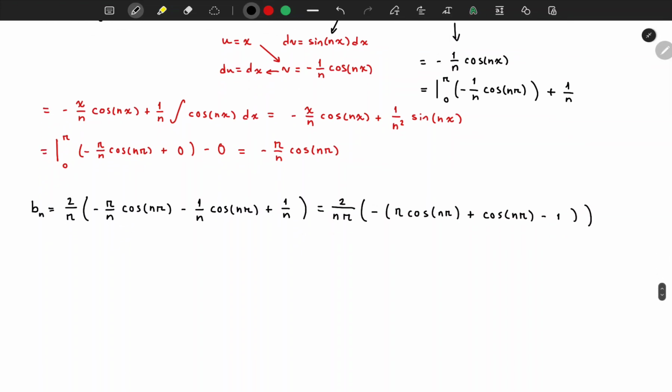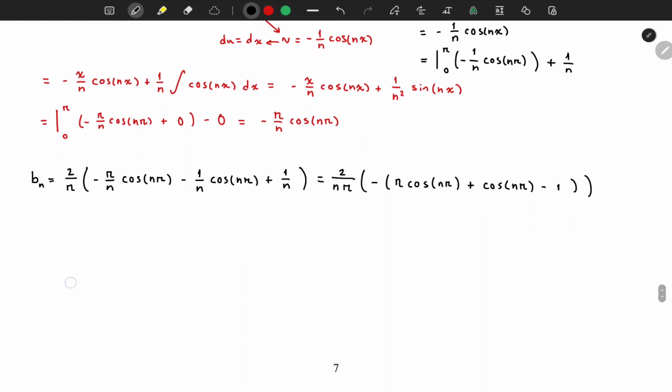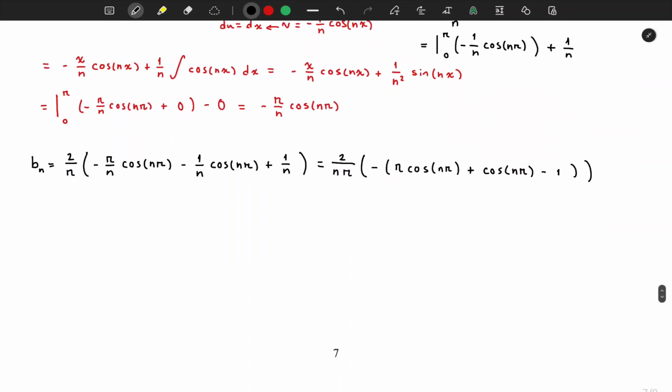Now what we'll do is we want to factor the cos n pi inside the brackets, which is inside the negative. So we'll have 2 over n pi negative and then brackets. So we factor out that cos n pi, and this will leave us with pi plus 1, and it's minus 1.